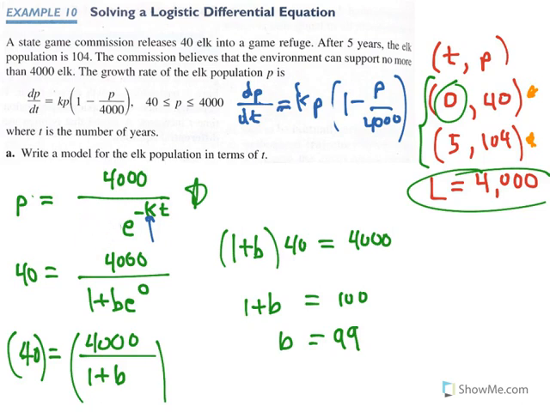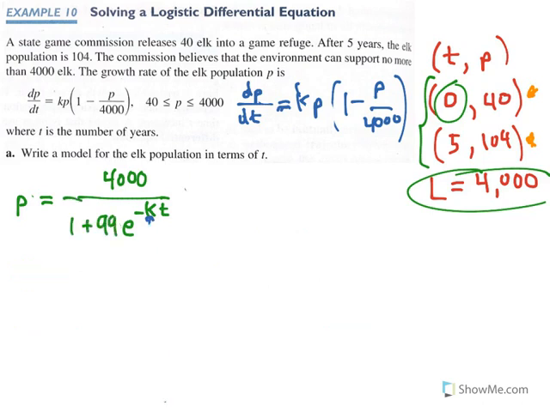So we have 1 plus 99 times e to the negative kt. To solve for K, we'll use the other given information that when time is 5, the population is 104.